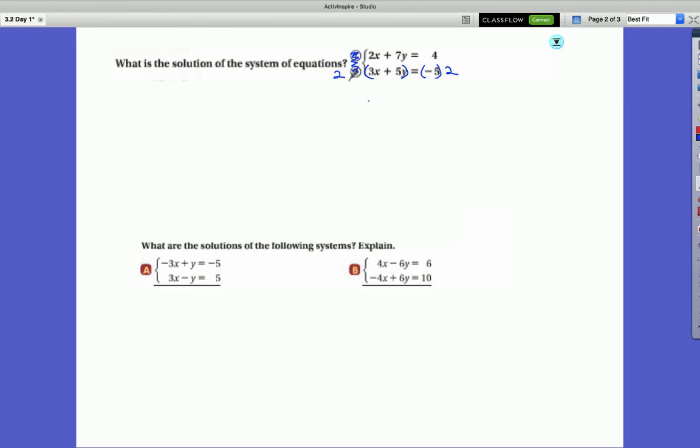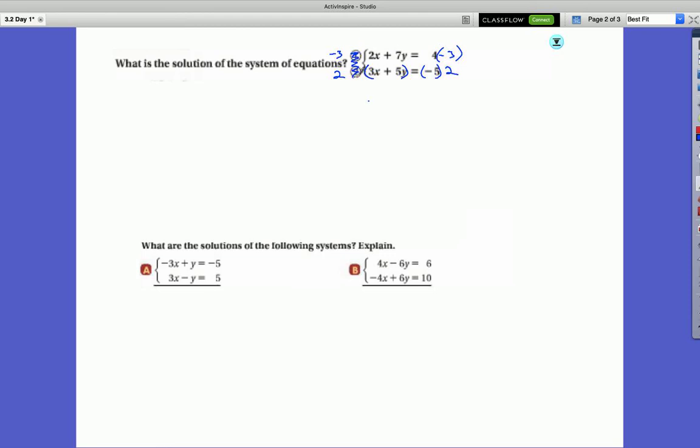So ignore these for a second. Now, think about it. The coefficient here is going to be 6. I want this to be a -6. So I'm going to multiply by -3. Now, you could have multiplied the bottom by -2 and the top by +3.